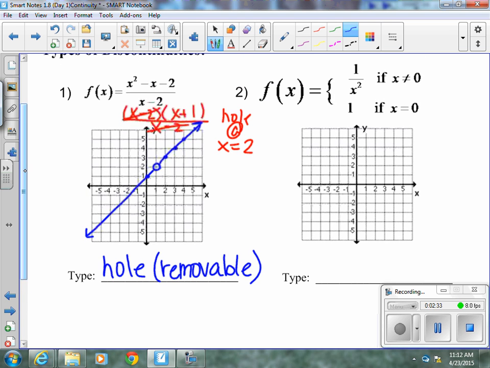Secondly is slightly different. 1 over x squared looks like this. And a point at 1 if x is 0 looks like this. This is considered an infinite discontinuity, and it's infinite because it involves an asymptote.